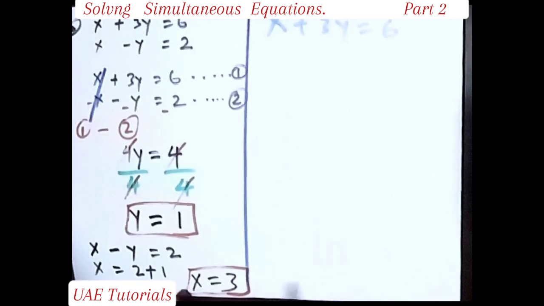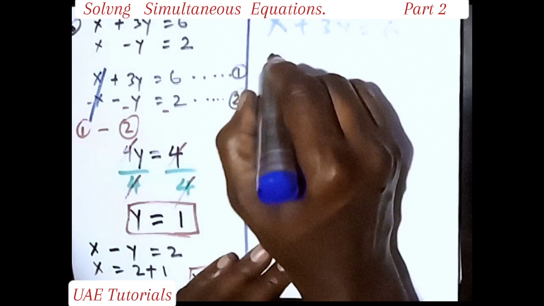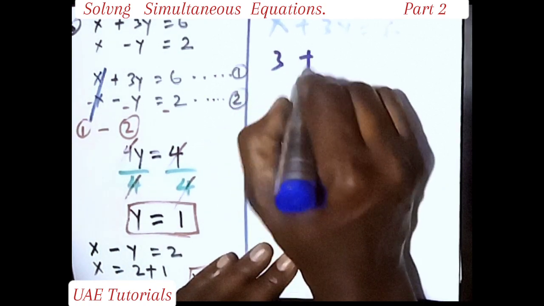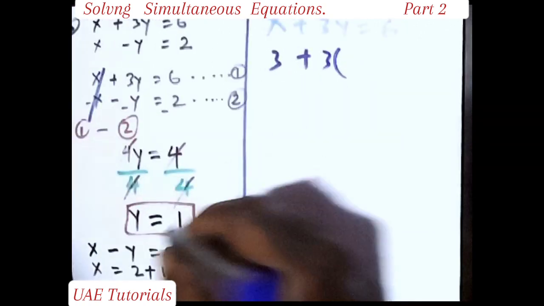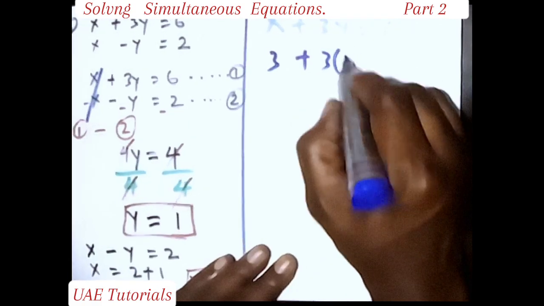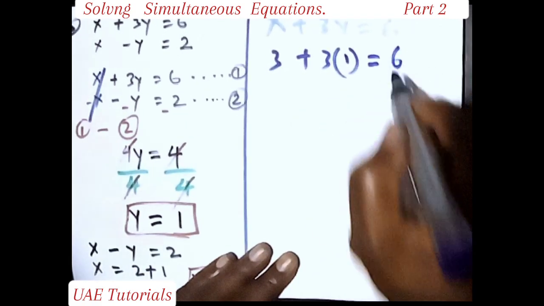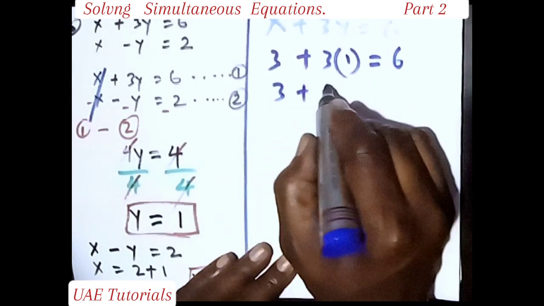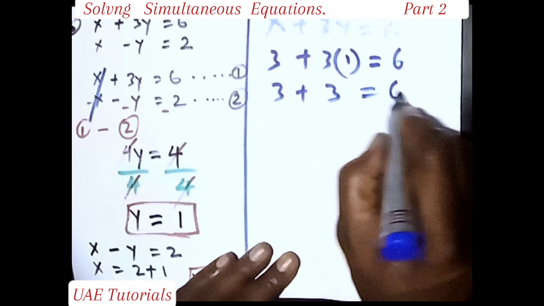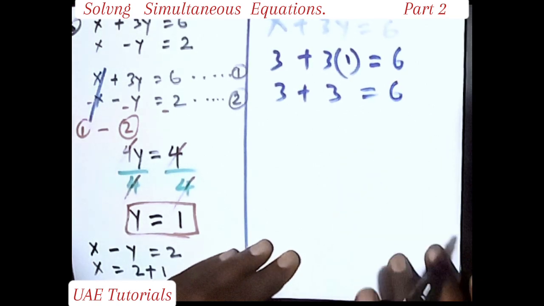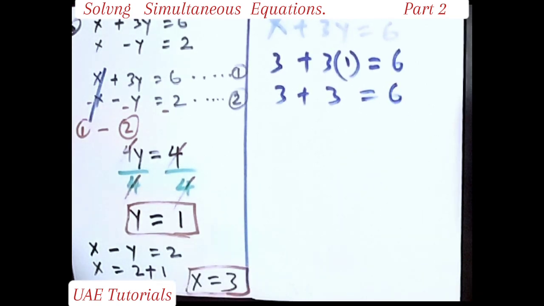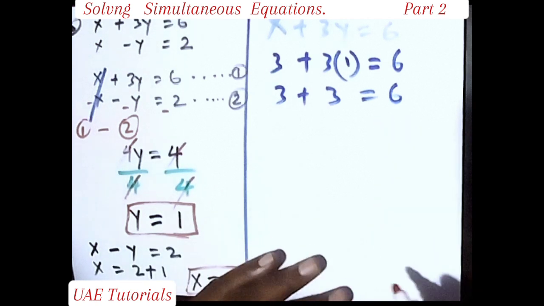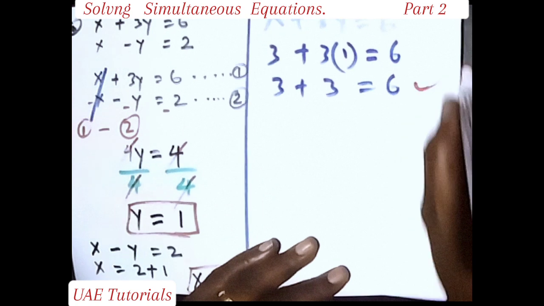Wherever we see x, we put 3. So that's 3 plus 3 times y. What is y? It is 1. Does that give us 6? So this is 3 plus 3. Hooray! 3 plus 3 equals 6. So our first equation was satisfied by the values of these two variables.